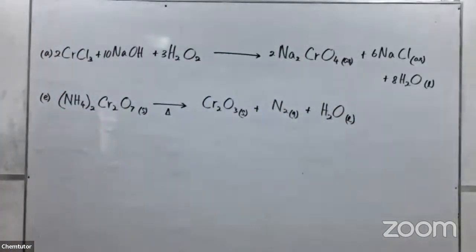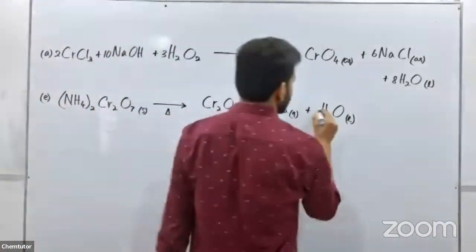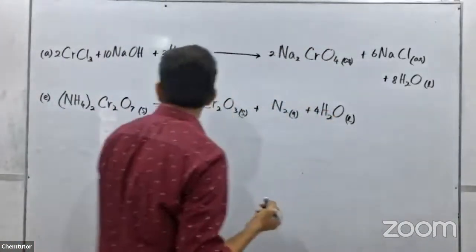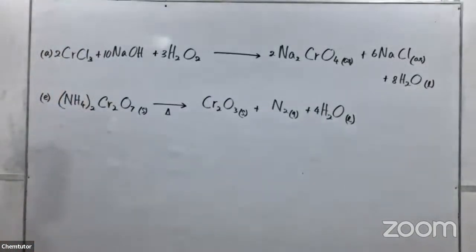Right? So let's balance this. We can put 4H2O. All the others are balanced. 2 nitrogens, okay. 2 chromiums, yes. 4H2O, it's balanced.